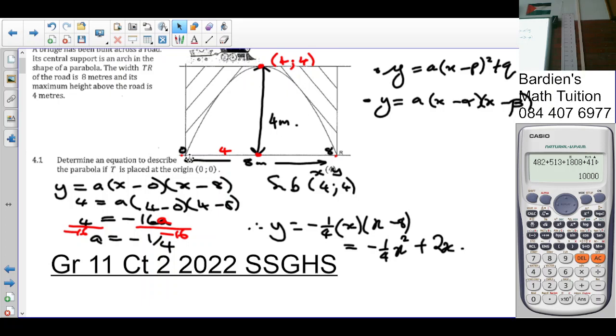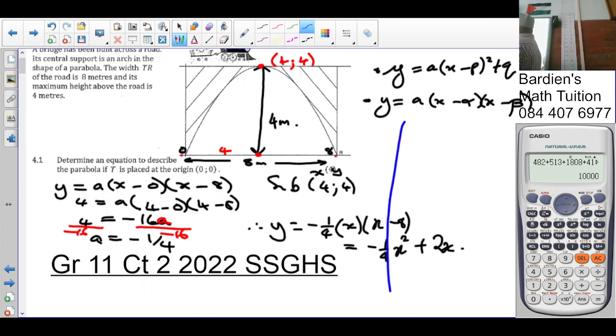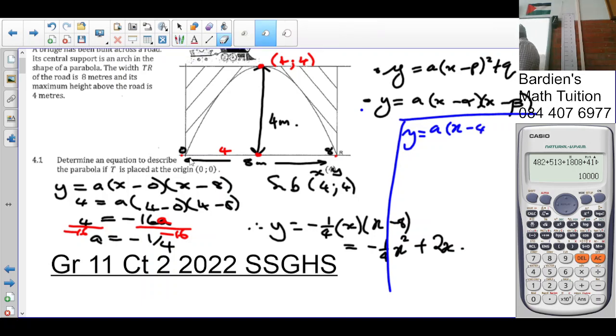Yes? You have the question? So what if you use the top equation? The top equation, okay? Let's see. Maybe we get a different answer. Is that what you say? Let's check. So you say y equals a into, we're using the one on top. So a into x minus 4 squared plus 4.